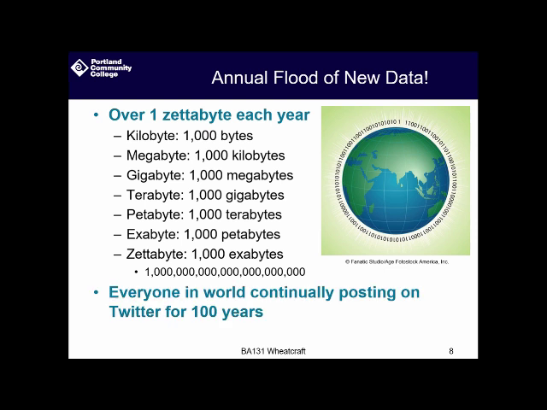Well, that would roughly be if you had everyone in the world continually posting on Twitter for 100 years. That's the amount of new raw data created every single year. That's a staggering amount. It's hard to get your head around it and grasp how much that is. That is huge.